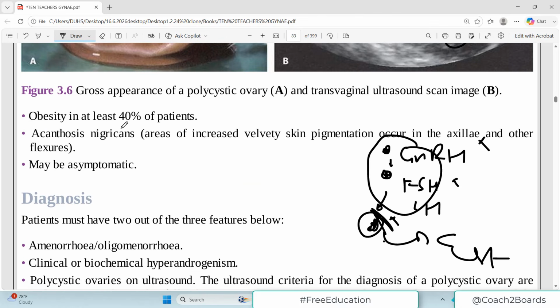Obesity is also present in roughly half of the patients, and skin pigmentation is increased, which is what we call acanthosis nigricans, particularly in the axilla and other parts of the body where there are flexing curves. However, very rarely the disease can be asymptomatic, but usually obesity, acanthosis, hirsutism are present.